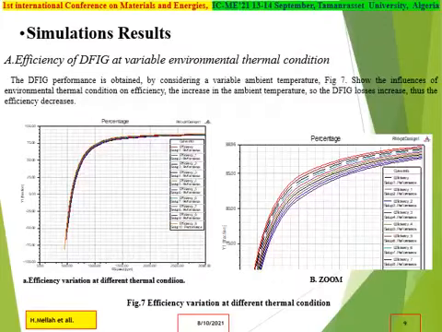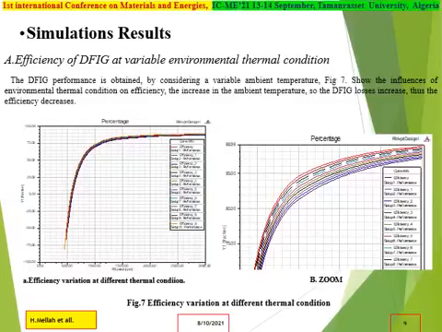In this slide, we would like to see the influence of the environmental thermal condition on the efficiency speed characteristic, where the efficiency is a function of the speed of the rotor, and that means the wind.